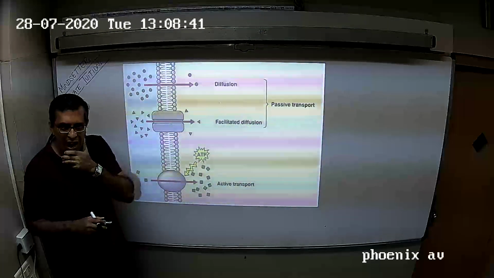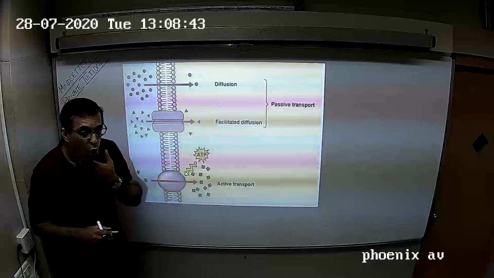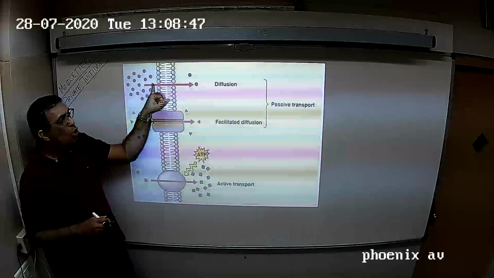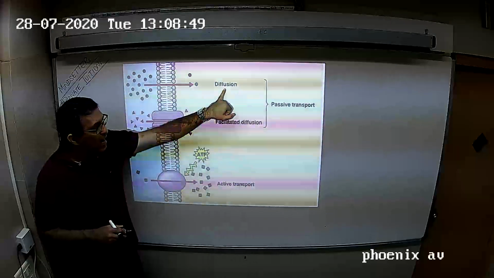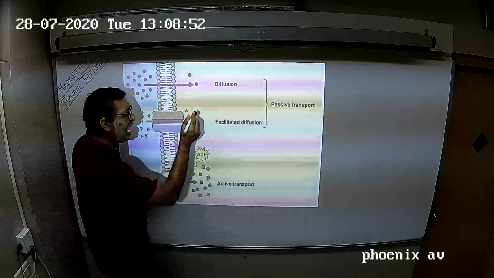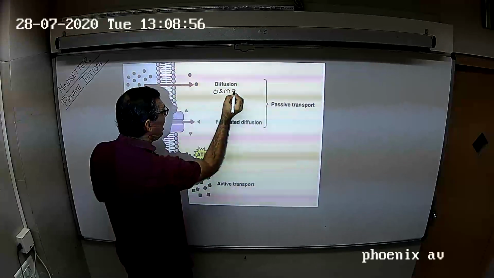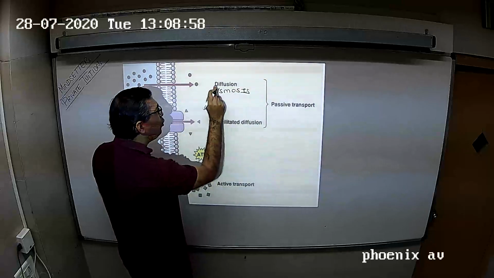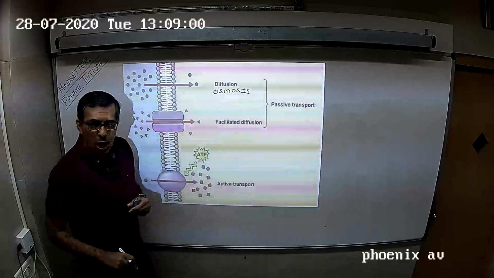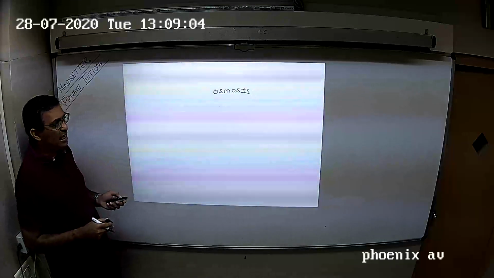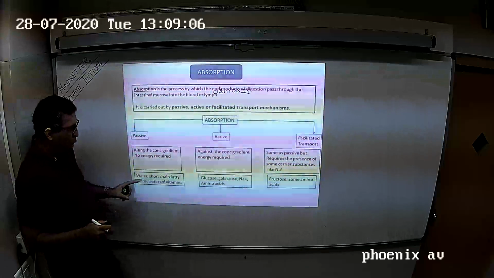As a matter of fact, water also passes from high concentration to low concentration by diffusion. This is called osmosis. Remember, what is diffusion of water called? Osmosis.